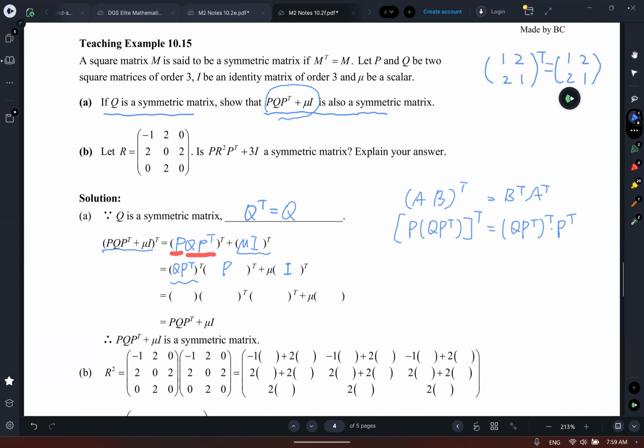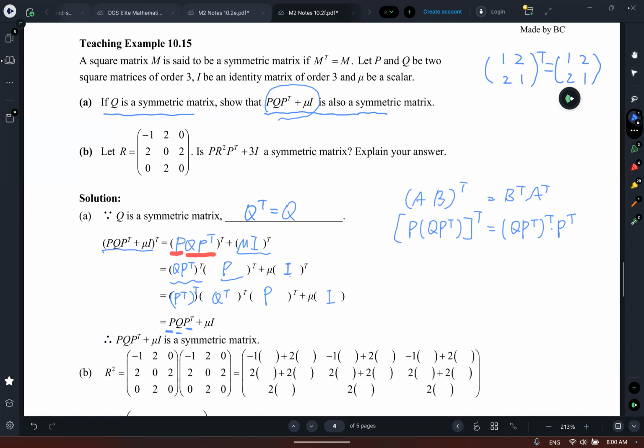So for this one, that is PTT, and this one is QT, and this one is P. And then for IT is I. And then for this one, PTT is P. PTT is P. QTT is Q. And PT is PT.